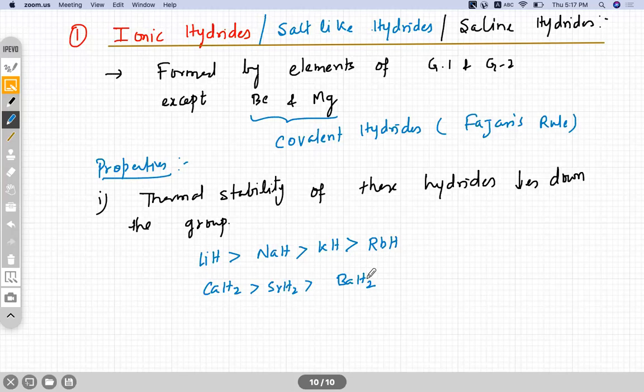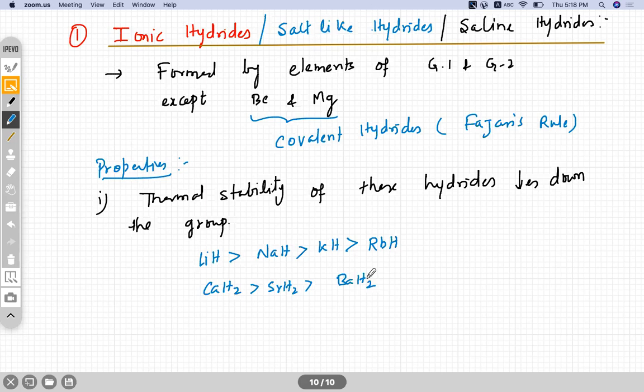Write down the reason: as size increases down the group, lattice energy decreases, so thermal stability also decreases.